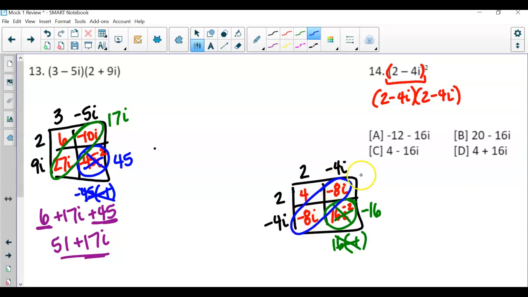Negative 8 plus negative 8, negative 16i. Now we write out and combine. So I have 4 here, minus 16i, but also minus 16. So notice here I've got 4 minus 16, which is negative 12. So negative 12 minus 16i. That's why the answer here is A.